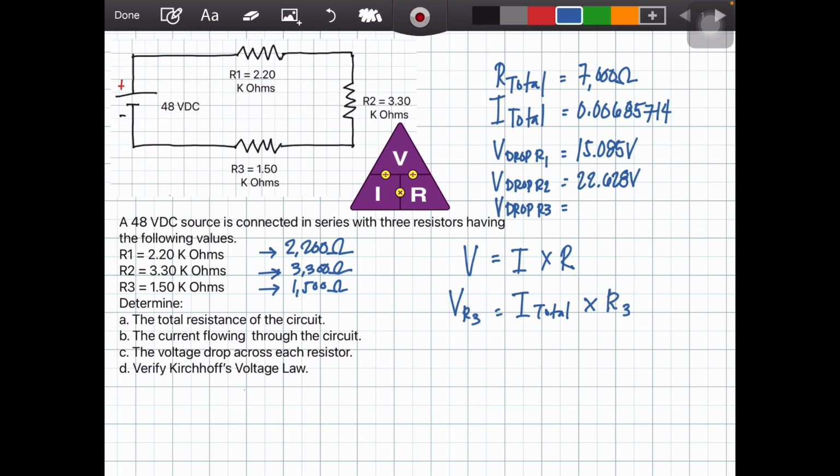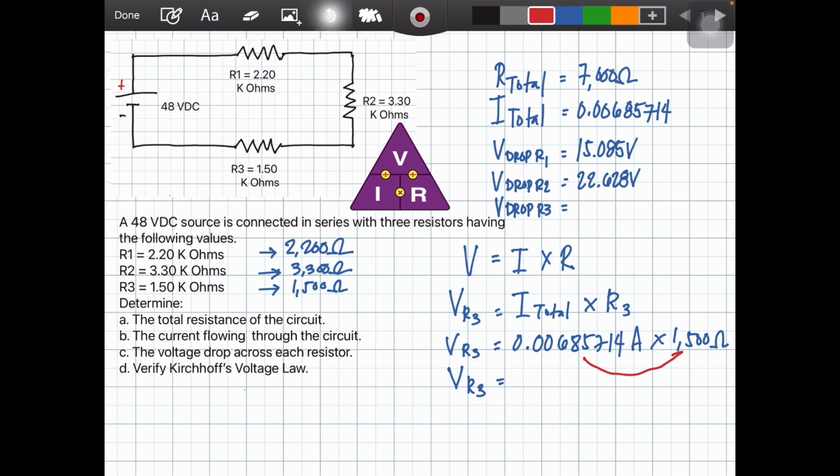Now the voltage drop for resistor number 3 is equals to the total current value, 0.0068571 amperes, multiplied by the value of R3, which is 1,500 ohms. We multiply those values.